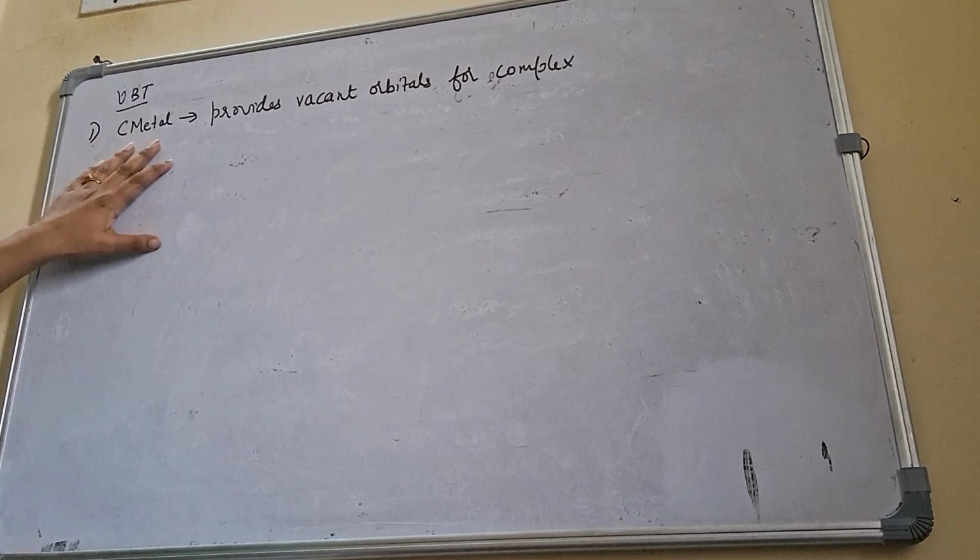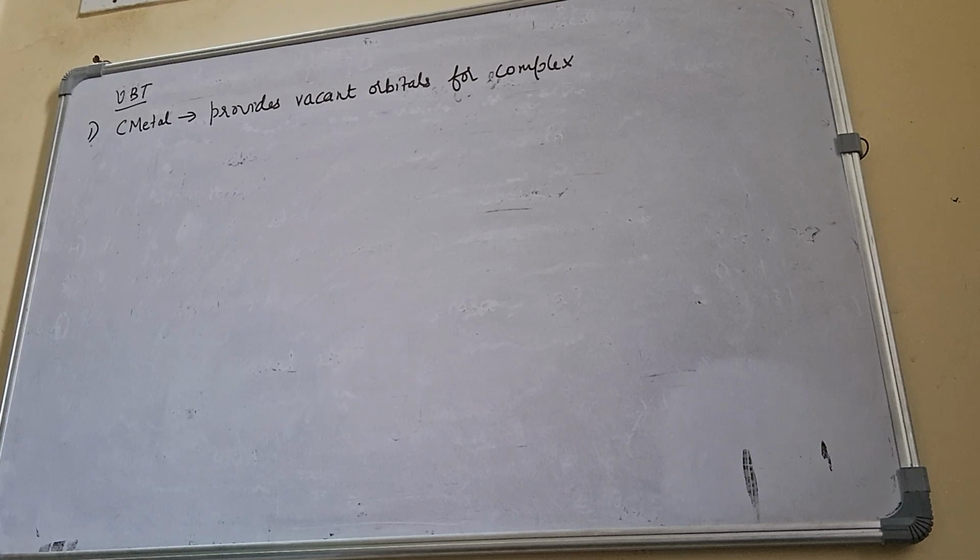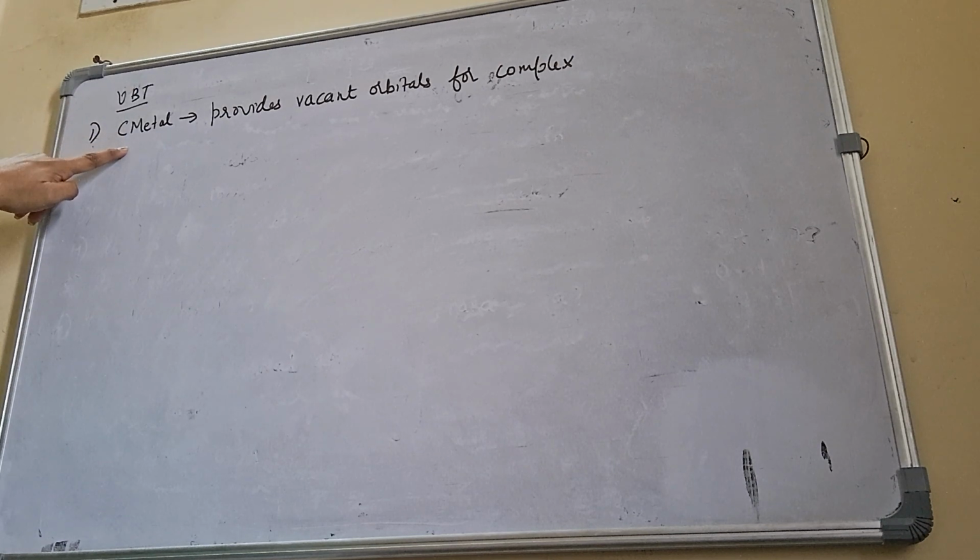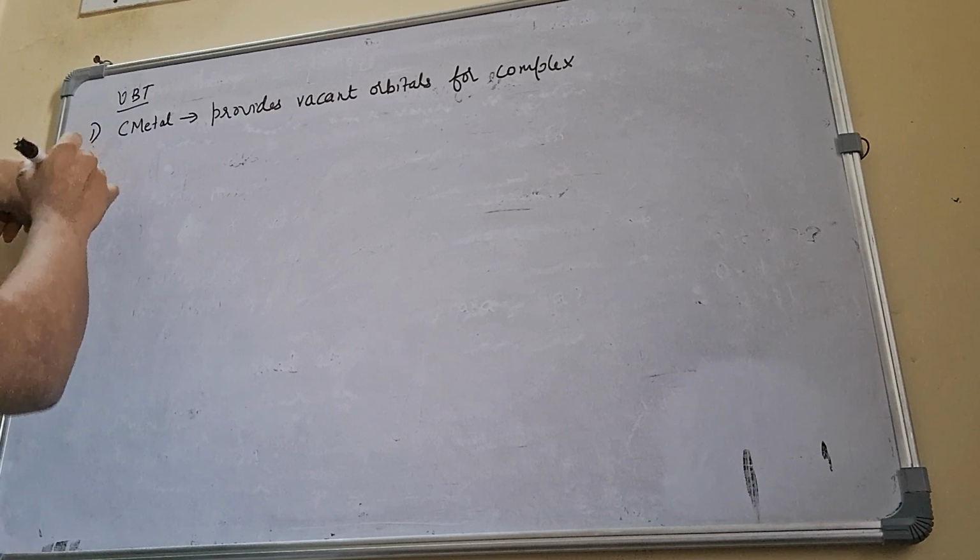You have a central metal atom and the ligands are approaching it, and the ligands have lone pairs of electrons. They give their lone pair of electrons and form the bond. Finally, when the ligands are approaching and a bond is formed, the electrons donated by the ligands should occupy some orbital. They cannot be in random space. So who provides that vacant orbital? The central metal atom. Alright.